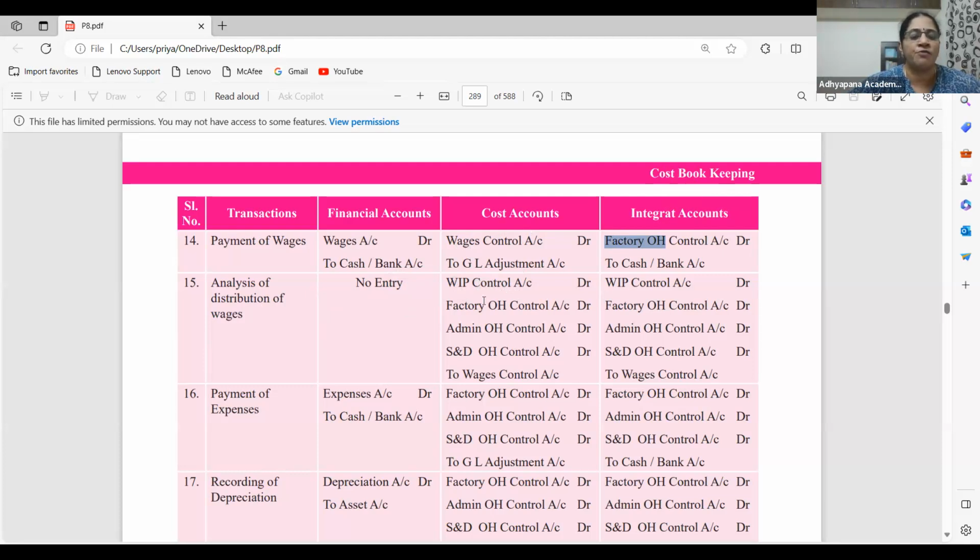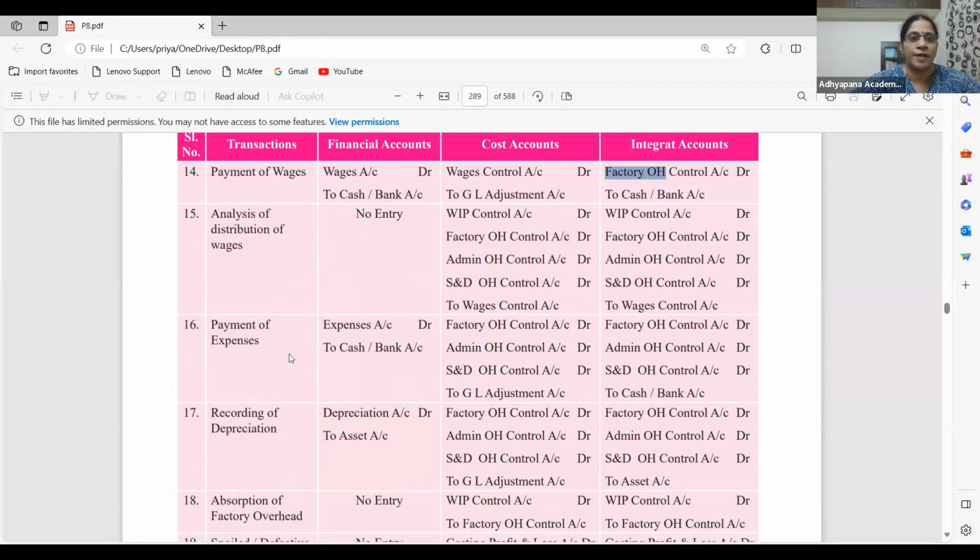Then wages paid to factory staff will be factory overhead control account debit. Administration overhead control account debit. Selling and distribution overhead control account debit to wages control account, where you are analyzing the wages paid into direct wages, indirect wages applicable to factory overheads, administration overheads, selling and distribution overheads. The same entry will repeat under integrated accounting also.